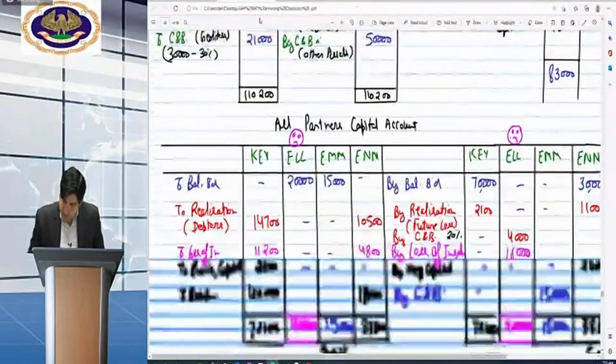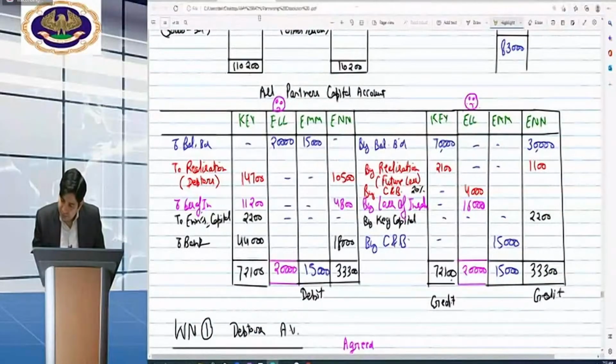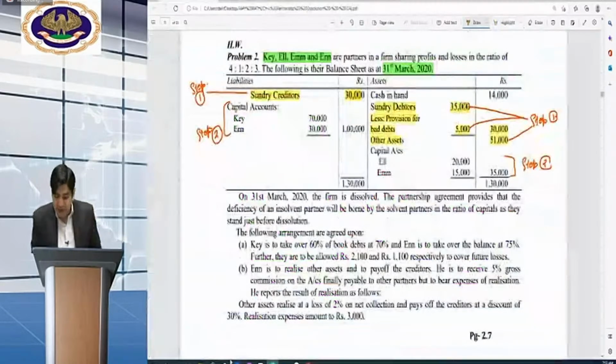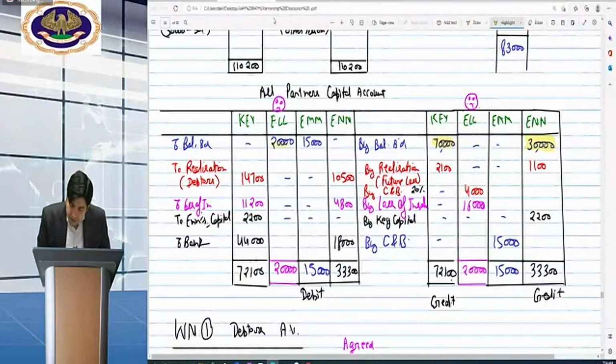So here is partners capital account, K, L, M and N. Mr. K and Mr. N are having a credit balance, and on the other side, other partners are having a debit balance. So Mr. L and M will be written down here on the debit side.